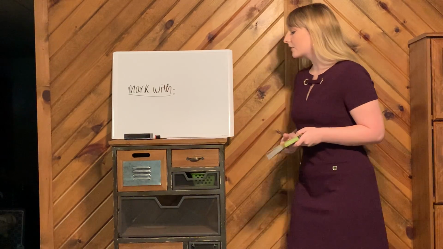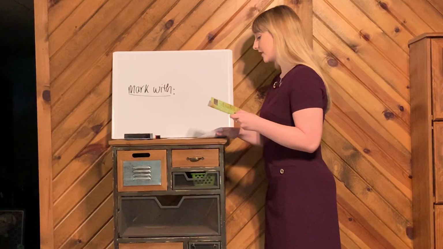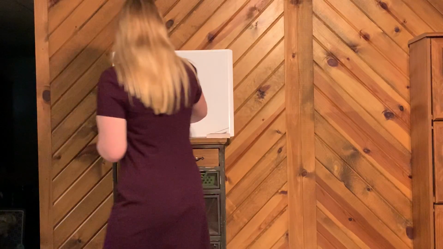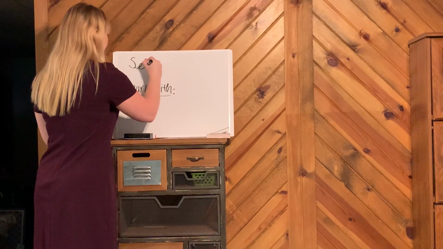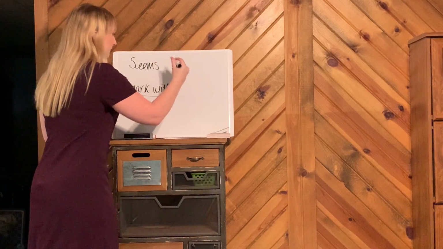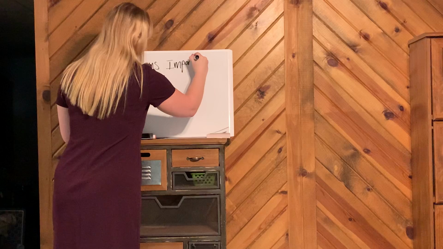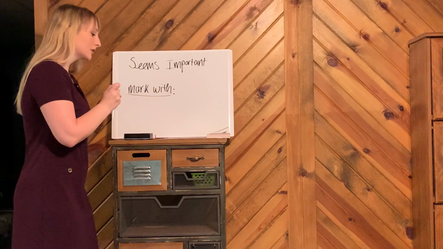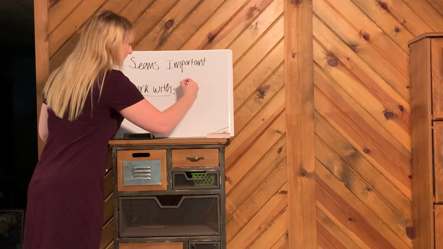We're going to start with the first text code symbol, which I have titled Seems Important. We write it on my board here. Seems important, you can mark with an exclamation point.